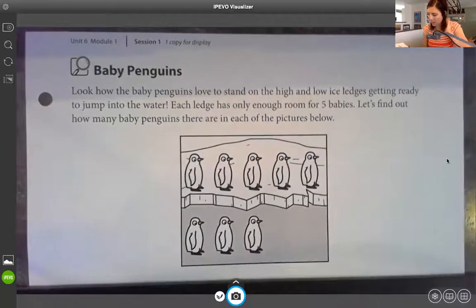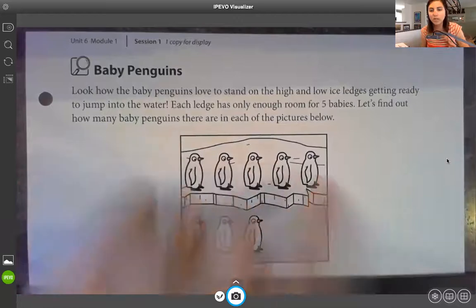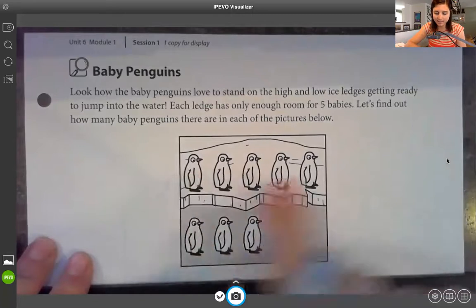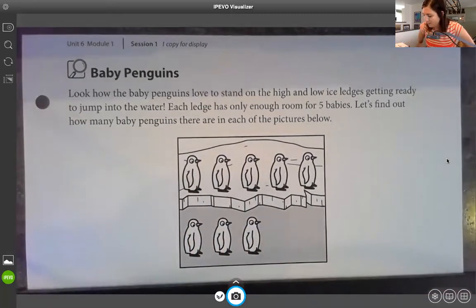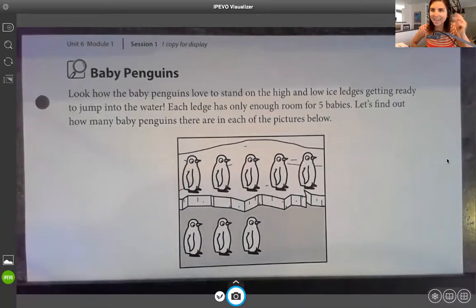All right, friends, so I saw 5 on top right away, and we know that only 5 can fit on the ledge, right? The high ledge and the low ledge. So this is high, this is low. So I saw 5 on top right away, and then I went, oh, I use computational fluency. So that's basically adding numbers quickly in your brain.